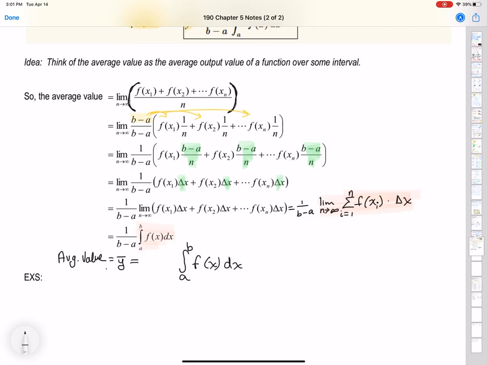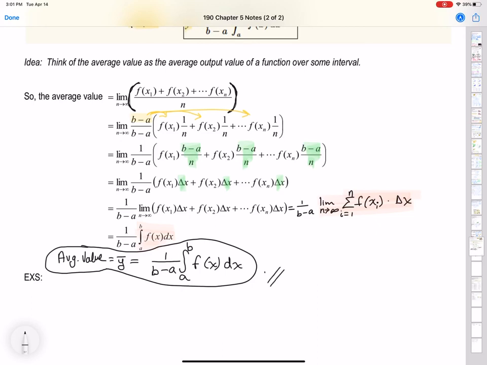So it's this infinite summing of all of these output values, and then divided by the width of that interval, b minus a. So it's adding up all these values and then dividing by the number of values, that type of idea taken to the infinite. And so that's where we end up with our average value.